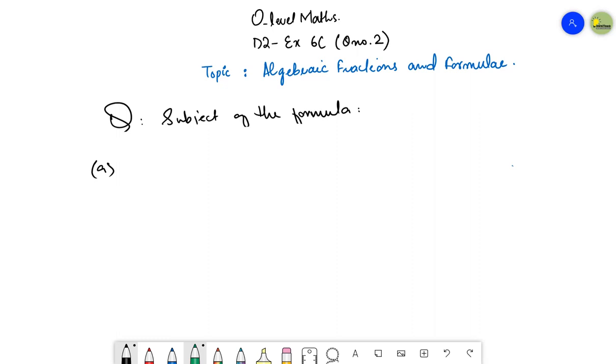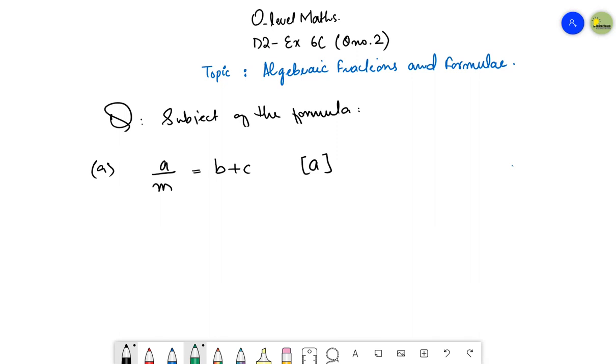In part A, the given equation is A divided by M equals B plus C, and you have to make the variable A the subject of your formula. What it means is that A must be present on your left hand side and all the other values are going to be shifted to the right hand side.